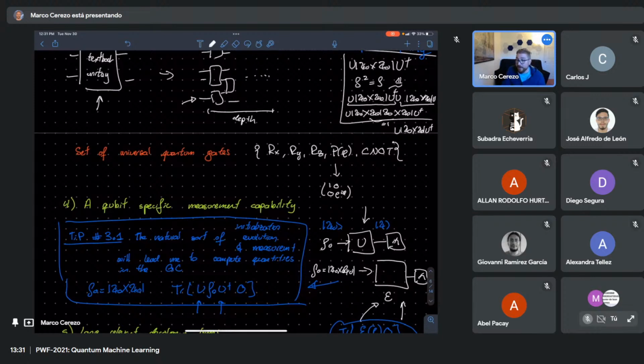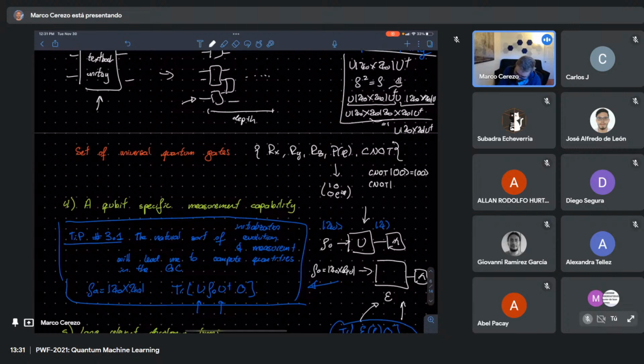Well, CNOT is perhaps the most famous two-qubit gate, the generalization of the NOT gate from classical computing. And essentially what CNOT does is that the state of the first qubit is going to affect the second qubit. So the gate has a control and a target. And the way that it works is that if my first qubit is in 0, it does nothing to the second qubit.